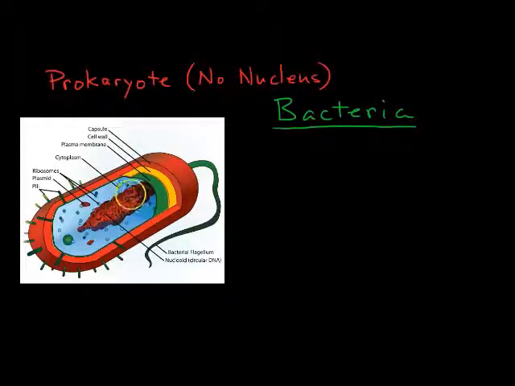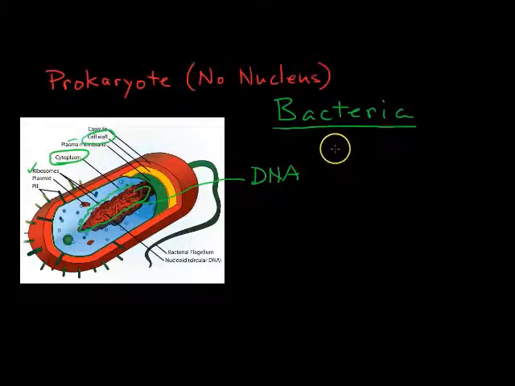And if you look over here, this weird structure, those are strands of DNA. It has cytoplasm, and different organelles called ribosomes. It also has a cell wall, and we'll learn more about those in videos to come.